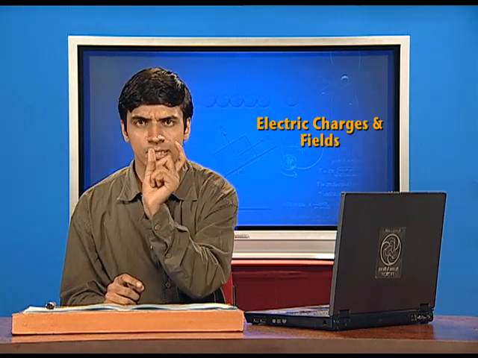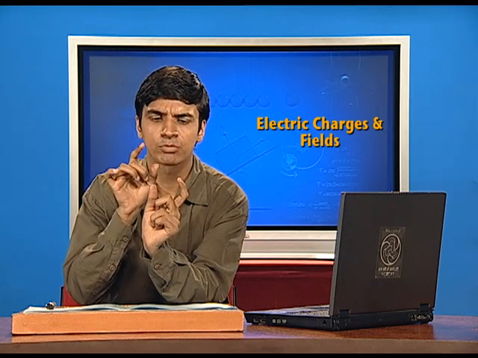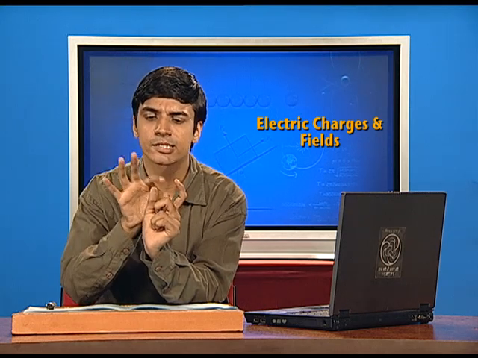So I will take a simple part and say, okay, this is the part here, the volume is like this, and there will be some charges over it. So there will be a charge density, delta Q upon delta V. Actually it is that simple.